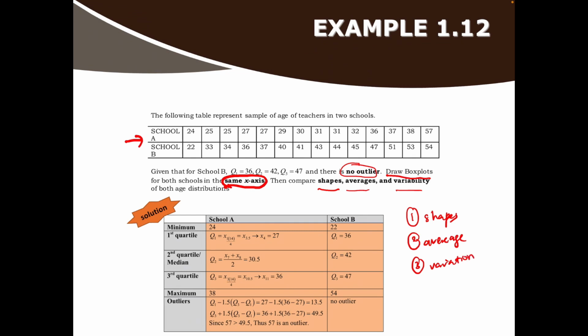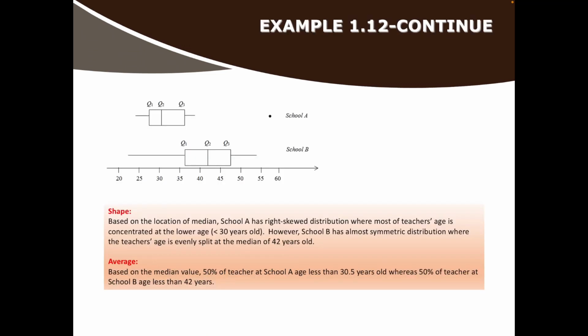What you need to do when you have more than one box plot is find all the five-number summaries: the minimum, Q1, Q2, Q3, maximum and outliers for both school A and school B. When you have found these, you put them into your box plot. Your box plot will look like this, school A and school B. Don't forget to label your box plot.